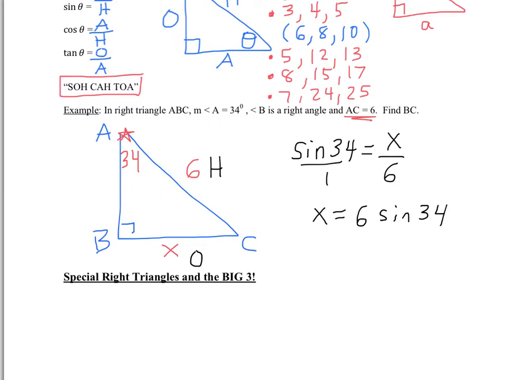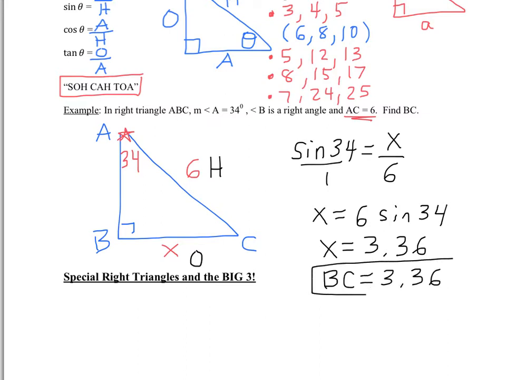So be cognizant of what mode you are in. So here it's clearly degrees, so make sure it's in degree mode. So you're going to enter that in, and it doesn't tell us how to round, so 3 sig figs, as you know, is the general rule of thumb. So that's what X is, so that's really BC, so 3.36 would be our answer.